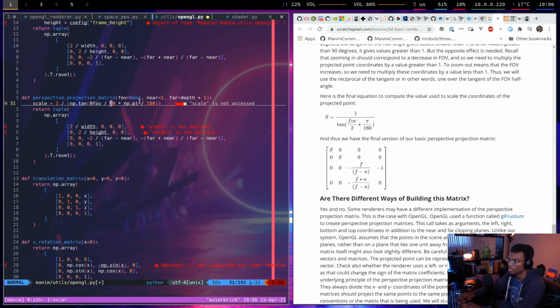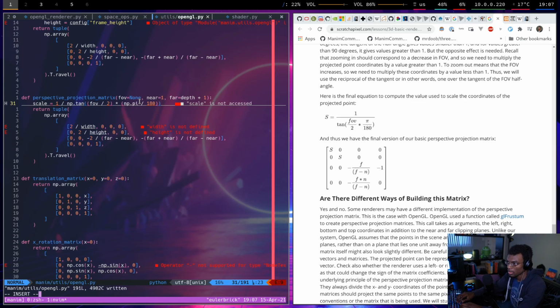I'll just add parentheses there. Those aren't parentheses. And here. So divided by tangent. I think I don't need the parentheses here.